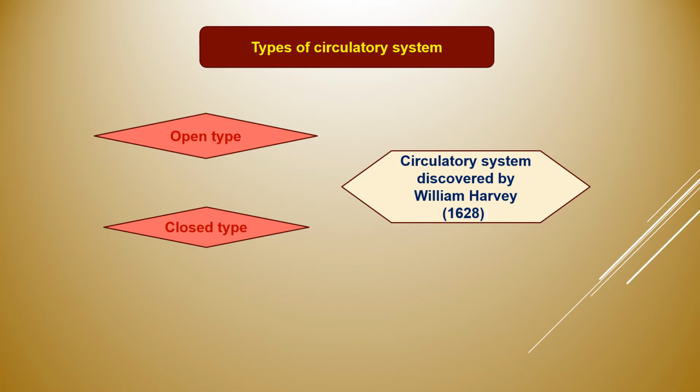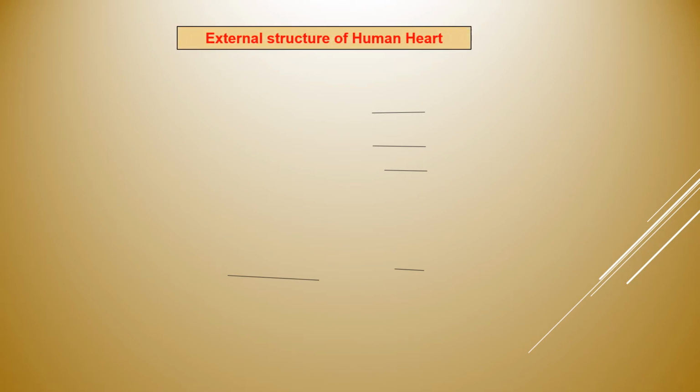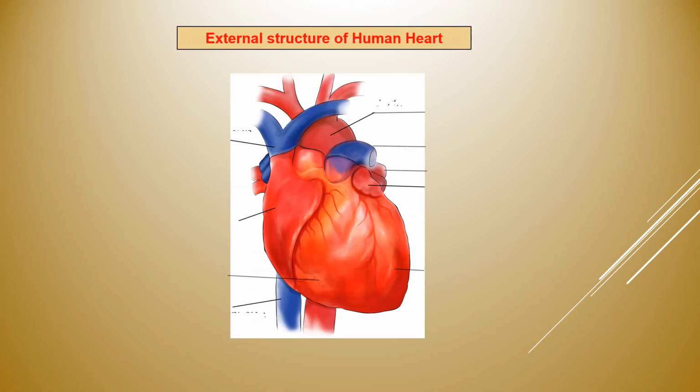Now, structure of the human heart. External structure. The heart is a muscular pumping organ that pumps blood into the blood vessels. The human heart is situated between the two lungs, slightly tilted towards the left, above the diaphragm, in the thoracic cavity, the chest.